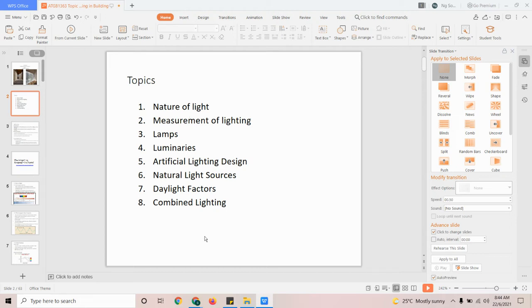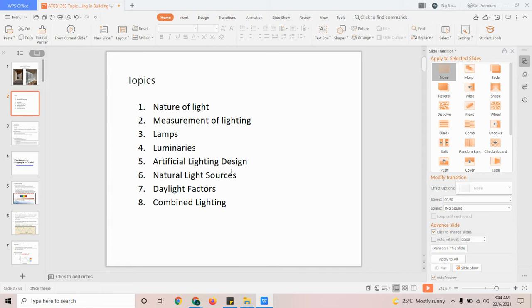Okay, so there are 8 subtopics in this Topic 1. The first is lighting. The second is the measurement of lighting. The third is lamps, the different types of available lighting. Then you have luminaires, artificial lighting design, natural light source, daylight factor, and combined lighting.